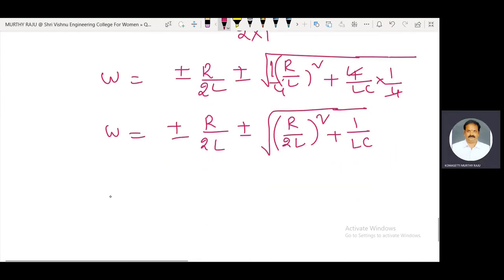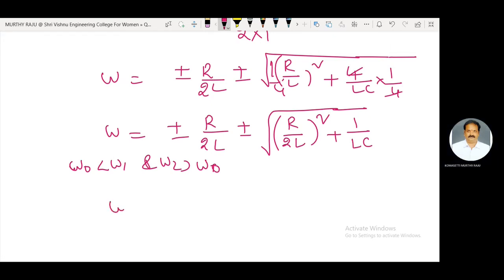Two angular frequencies, the half-power frequencies, are there on either side of the resonant frequency. That is omega 1 and omega 2, where omega 2 is greater than omega naught.